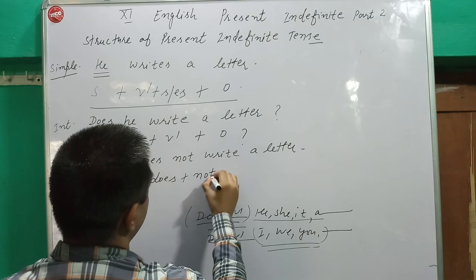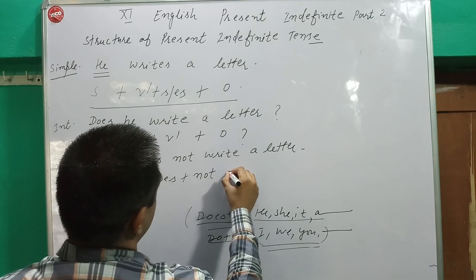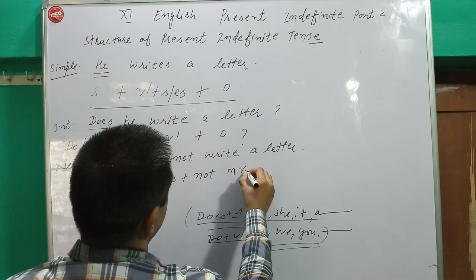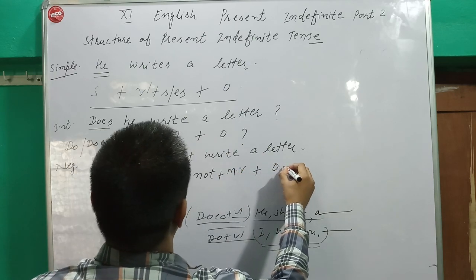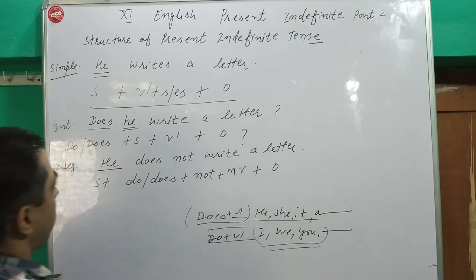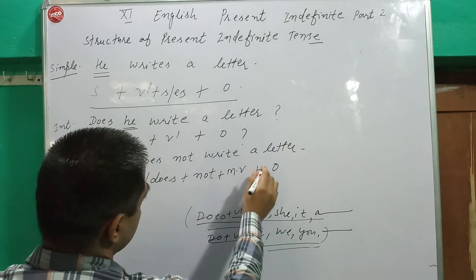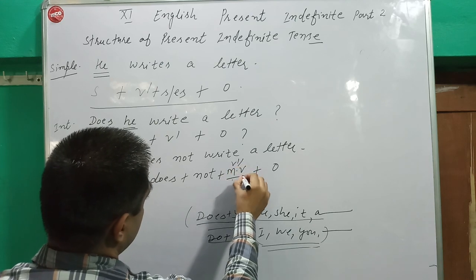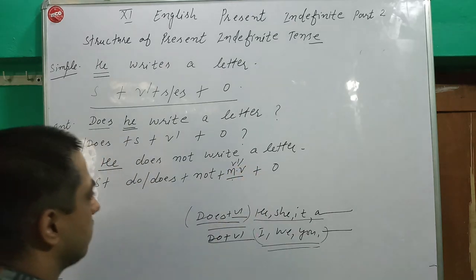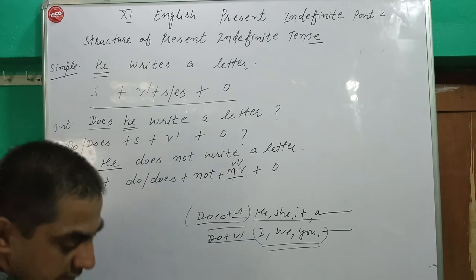After that, the negative form not, then the main verb, and after that the object. I mean to say the first form of the verb. You can call it the main verb or the first form of the verb. Okay.